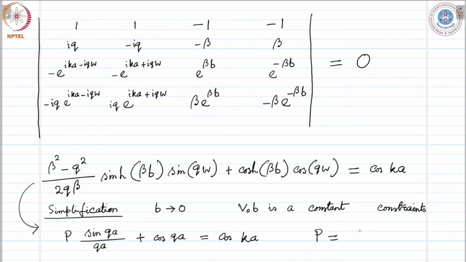P is m V naught b a over h-bar squared, and this is a dimensionless parameter. It of course depends on the material's properties. The V naught is there, a is there, these are the material dependent quantities.